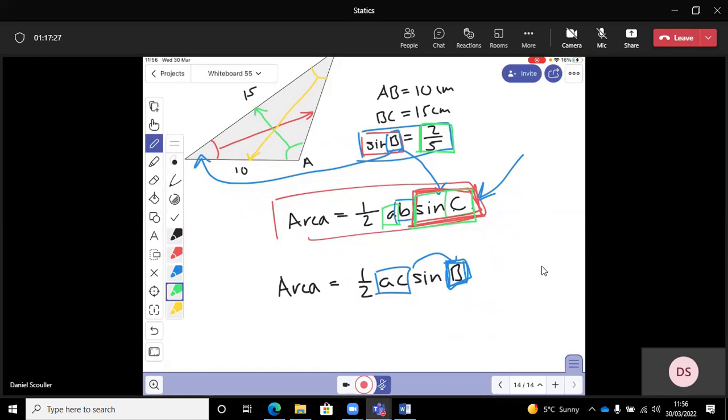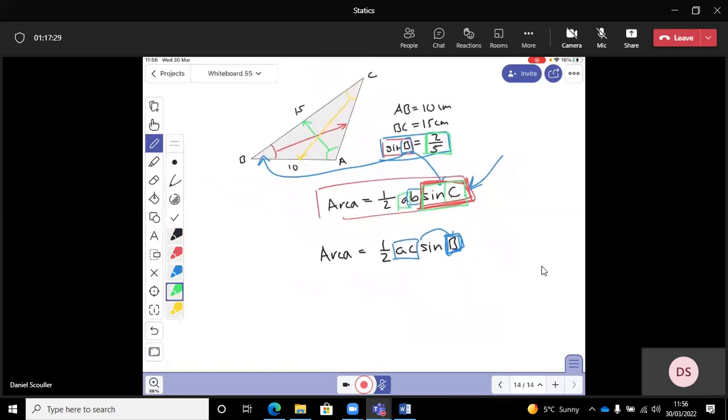Okay, so that's hell of a messy. Let's write it out. The area would equal a half multiplied by 15 multiplied by 10 multiplied by 2 over 5.